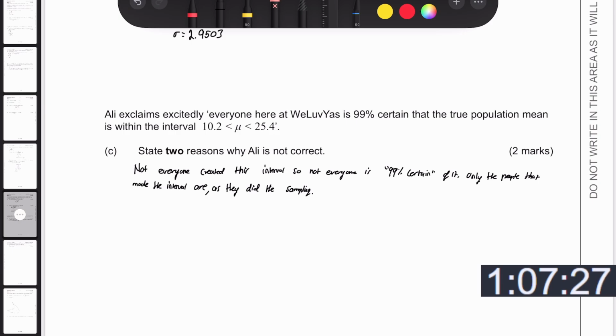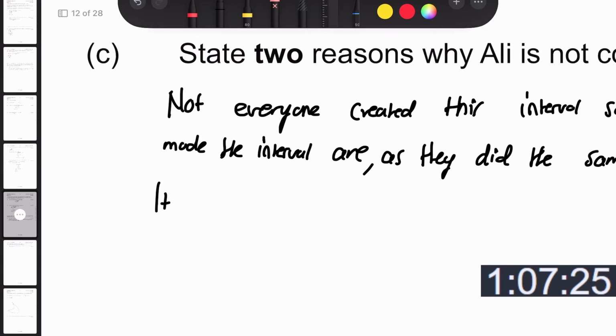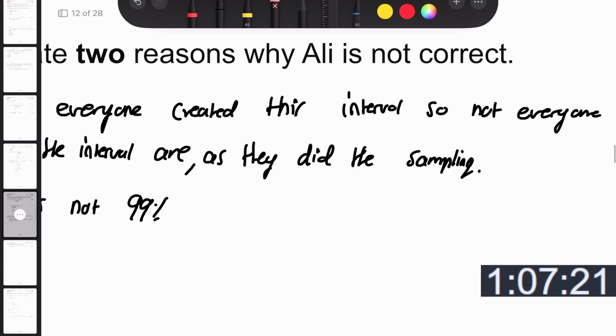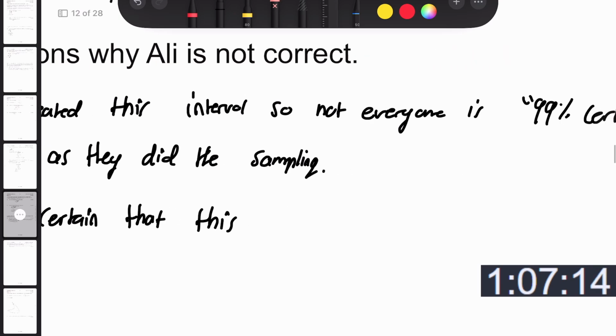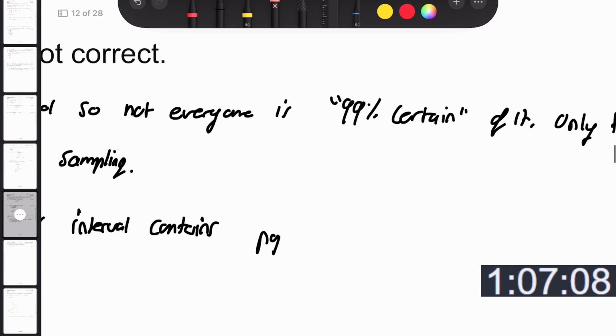So I'm going to say it's not 99% confident, or not 99% certain that this interval contains population mu.